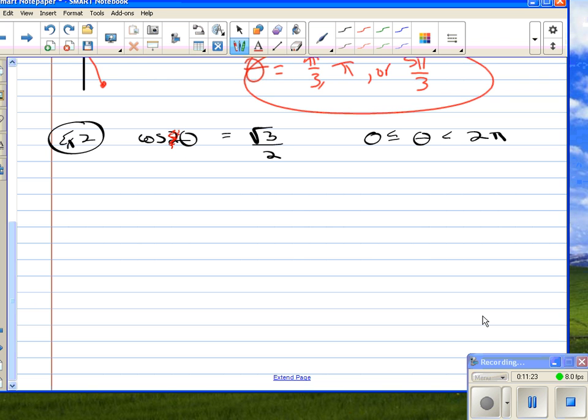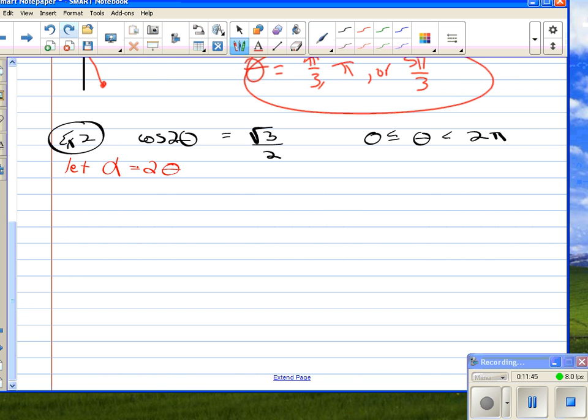Because I need 2 times some angle to give me the square root of 3 over 2. Well, what I like to do to make this thing a little easier is I'm going to replace the 2 theta with a new angle, and I'm going to call it alpha. So I'm going to let alpha equal 2 theta.